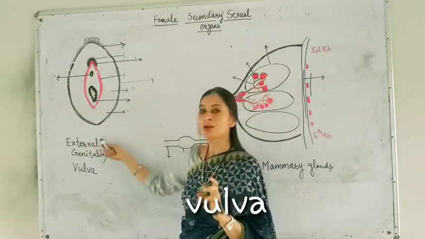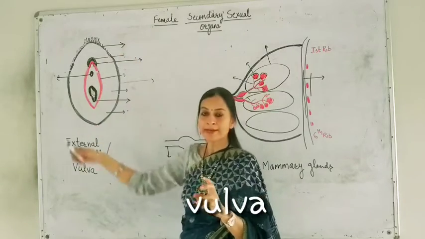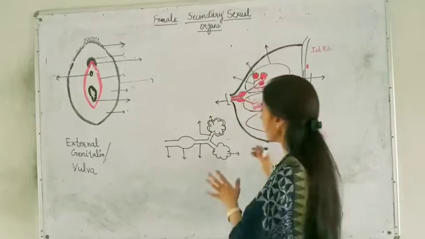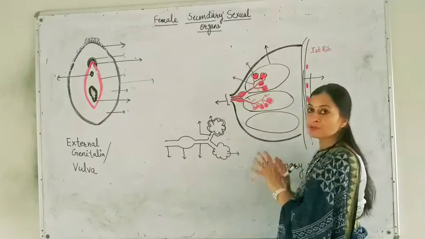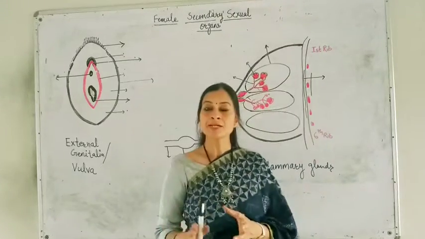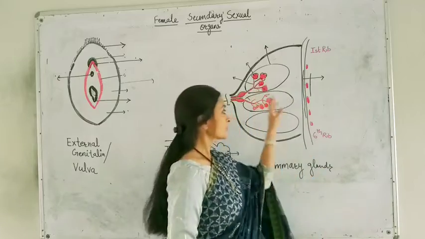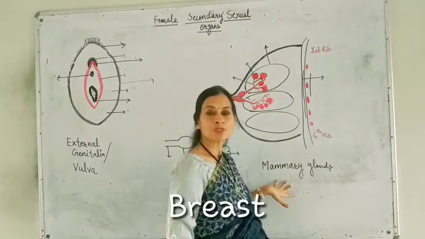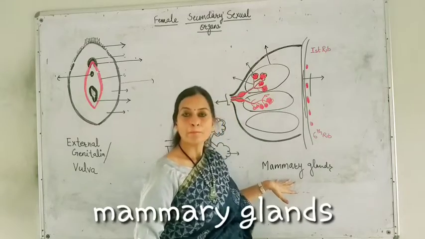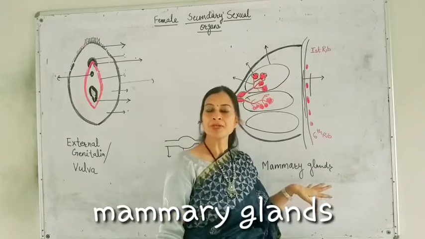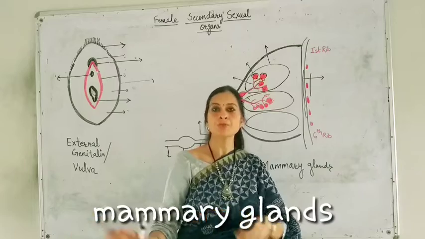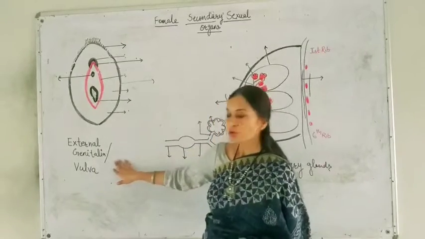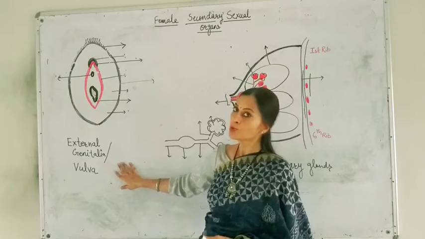So this is the vulva. This complete diagram is of the vulva or the external genitalia. I am also going to discuss the postnatal care organ, the breast or the mammary glands, associated with the milking or lactation period of the female body. Okay, so let's start first with the external genitalia or the vulva.